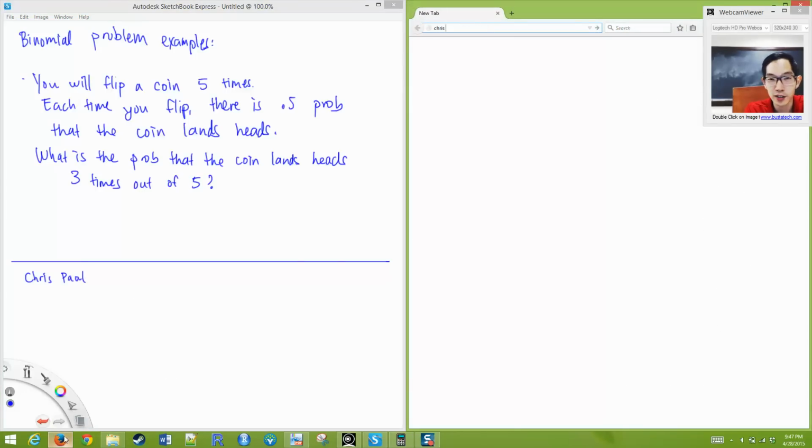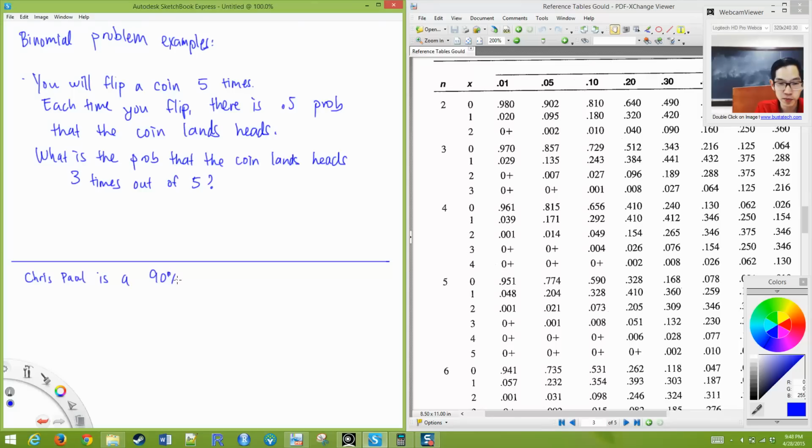Okay, so let's say each shot is independent of the other. Chris Paul, CP3, takes 8 free throw shots, I should say, in a game.